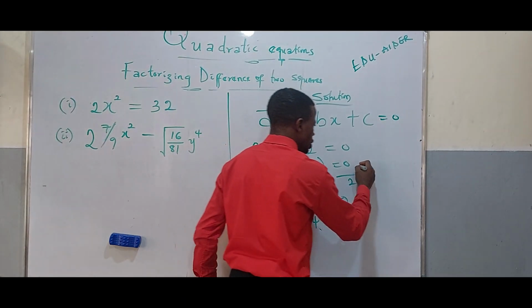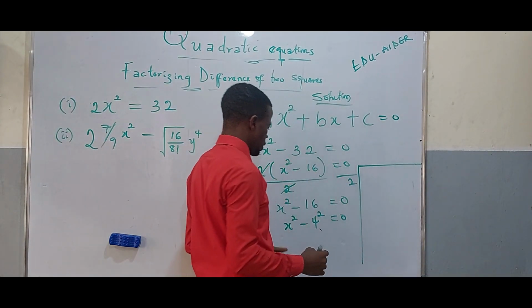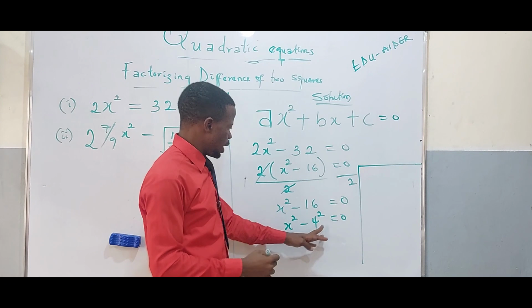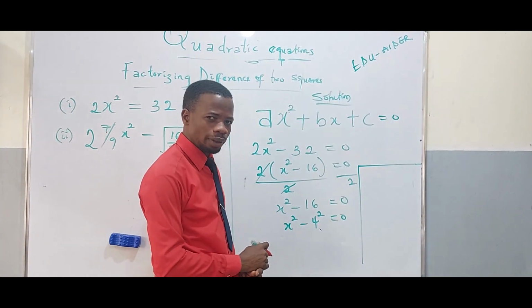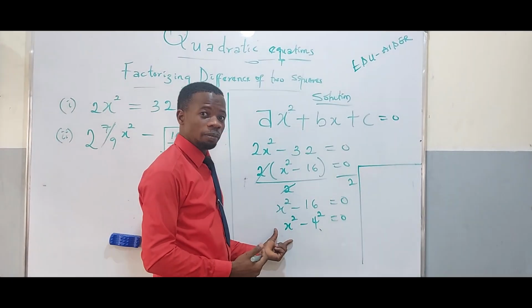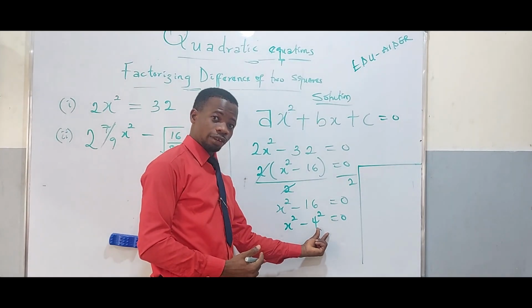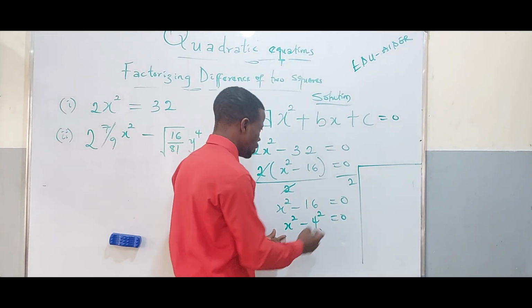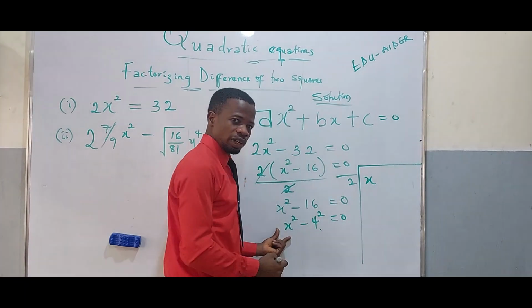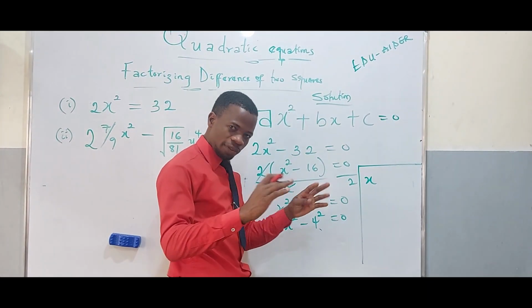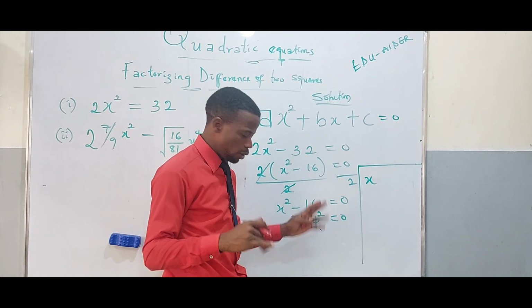What do we do? Permit me to finish up here. So we have this here. Whenever we have difference of 2 squares, pick the first term and the second term. That is straight logic. Pick this, we have x. The first term, minus, leave their powers alone, leave their squares alone.